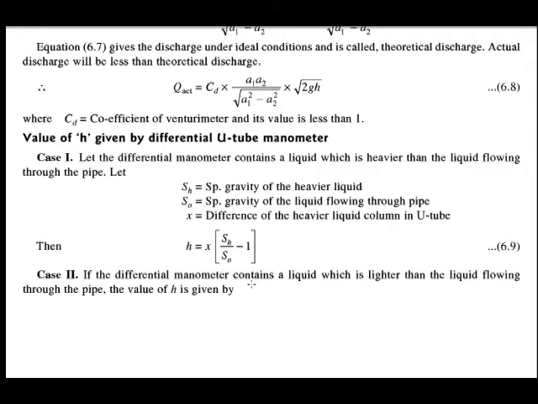Then the pressure difference, the value of h, is given as x in bracket Sh upon So minus 1. The second case is if the differential manometer contains a liquid which is lighter than the liquid flowing through the pipe.